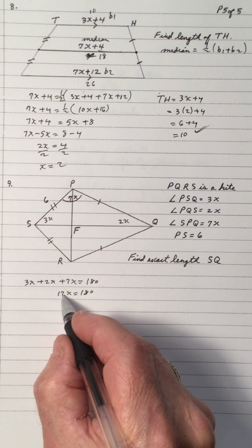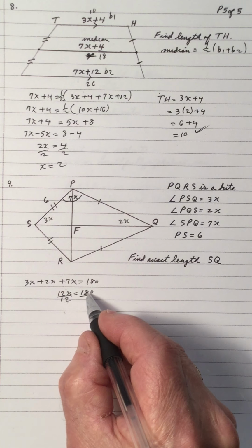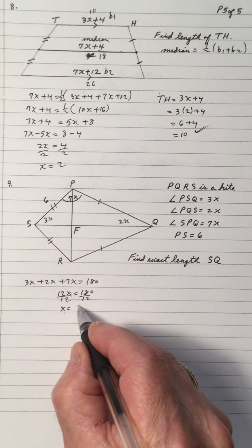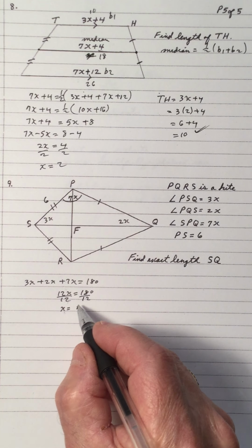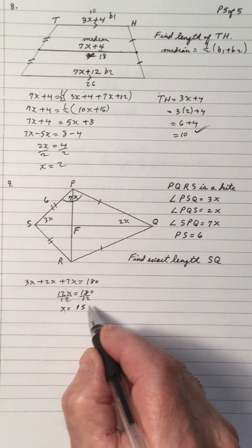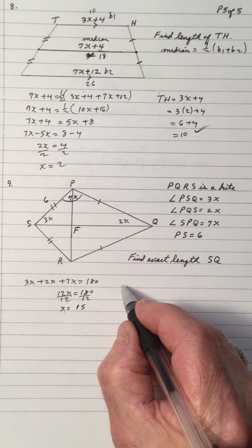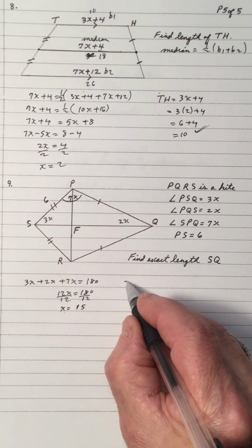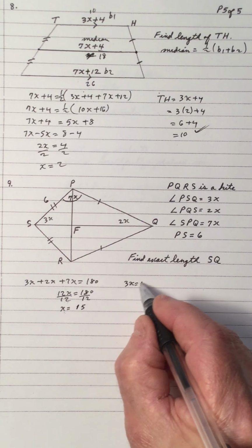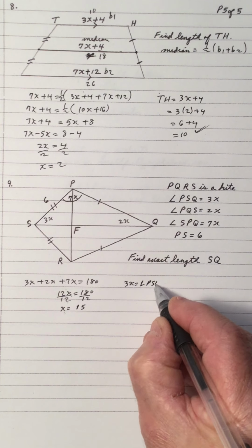And to divide by 12, that means you have x is equal to 15. So that means that it has 15. So 3x is equal to, let's say that's angle PSF.